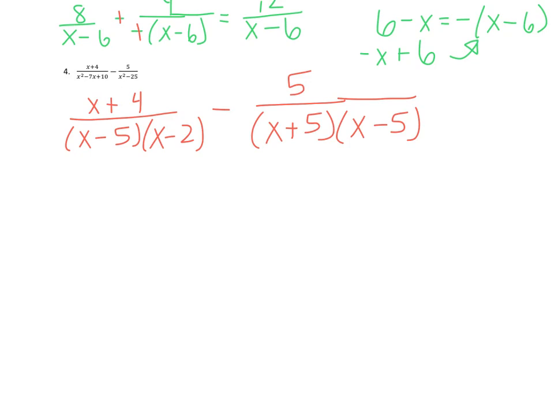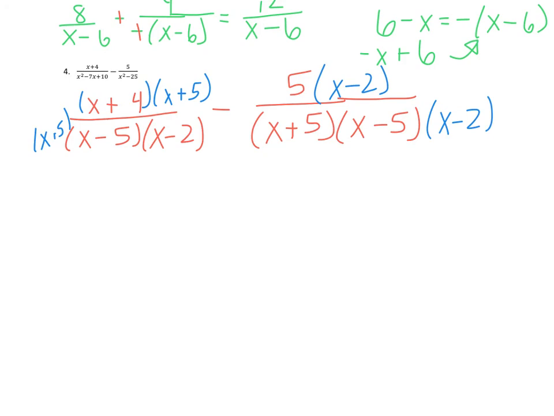So let's fill in our missing factors. We are going to need an x minus 5, an x minus 2, and an x plus 5. So this first one is missing an x plus 5 from the top and bottom. That will make it the LCD. And our second one is missing an x minus 2 from the LCD.